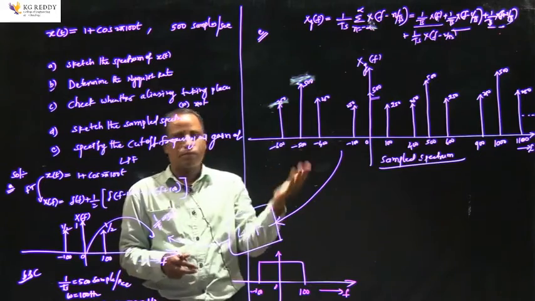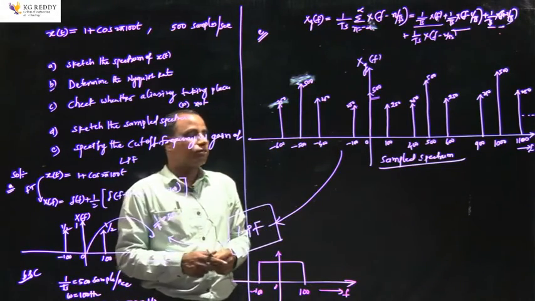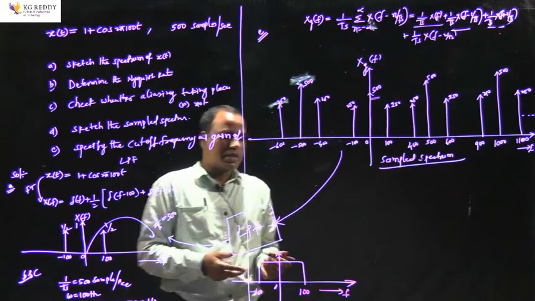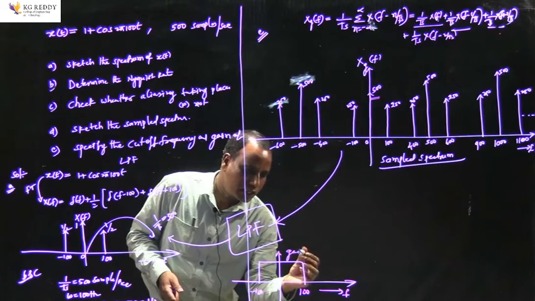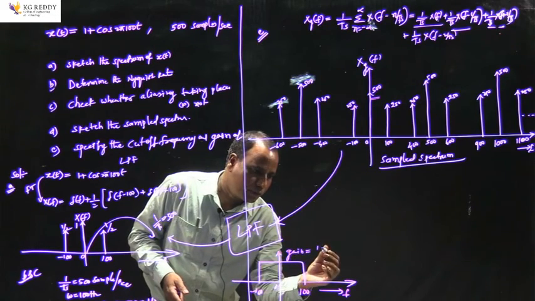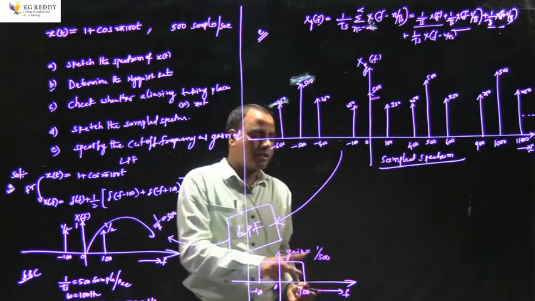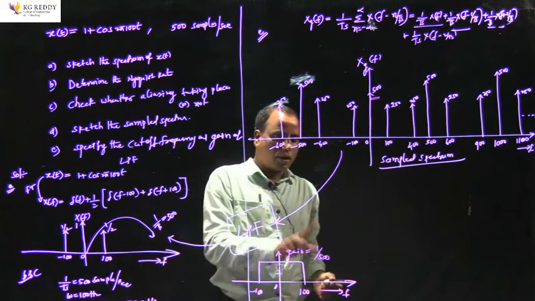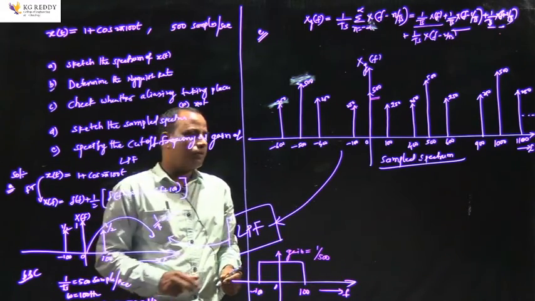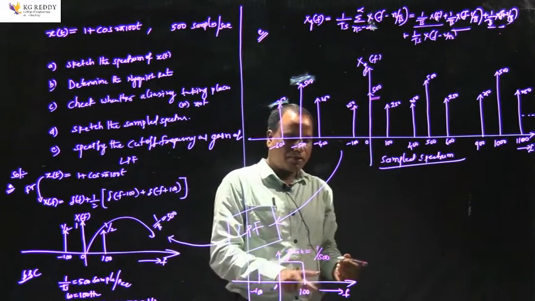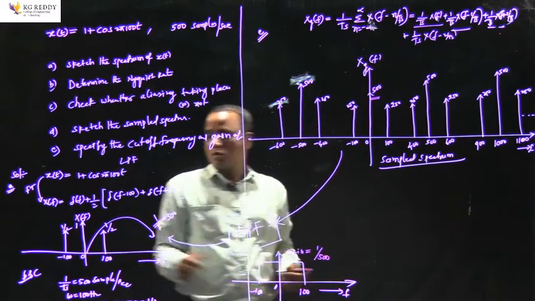So this 500 should be converted to 1 and this 250 should be converted to half. That is possible only if we design a low pass filter with a gain of 1 by 500. So 500 into 1 by 500 becomes 1, so you get the amplitude of X of f as 1, and 250 into 1 by 500, that is 250 divided by 500, becomes 1 by 2.